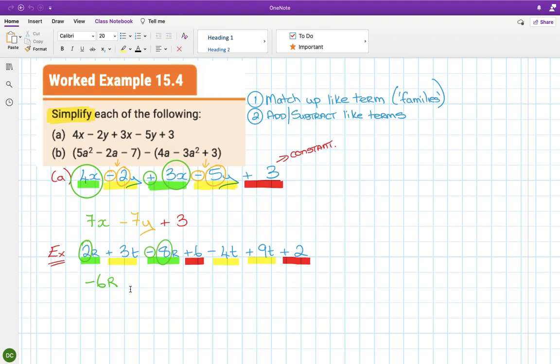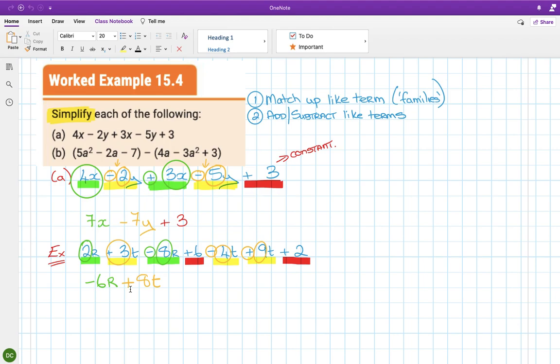The yellow ones then, we have plus 3, or just 3, minus 4 plus 9. Okay, so there was 3 parts of this family. So I'm starting with a 3, then minus 4, I'm using my calculator, then plus 9. So that is a total. My calculator says 8. And remember, when it just says a number like that, that's a plus 8. And that is my total for the T family.